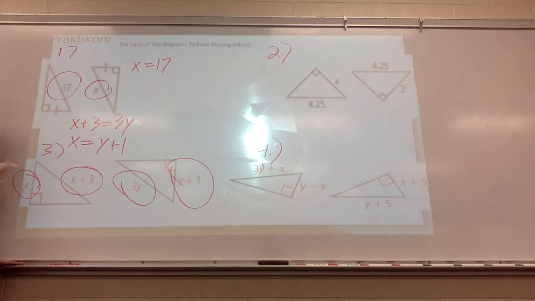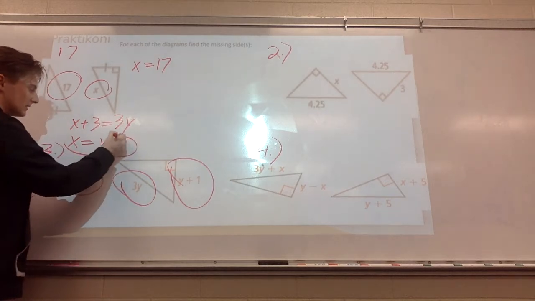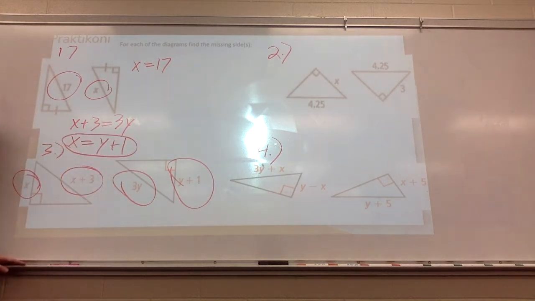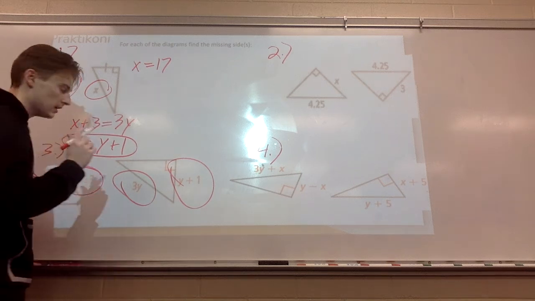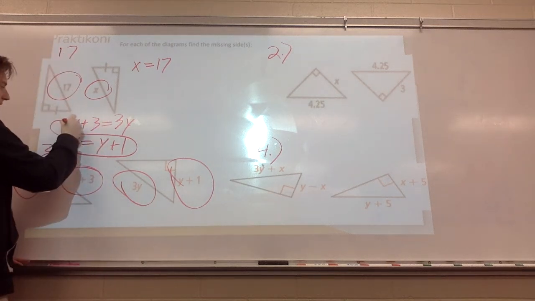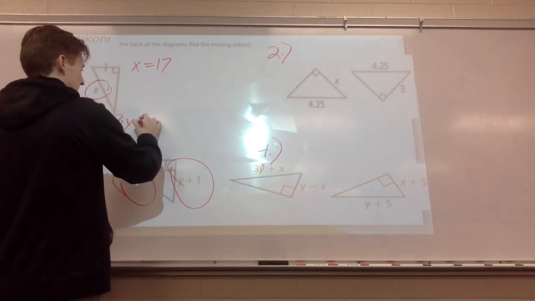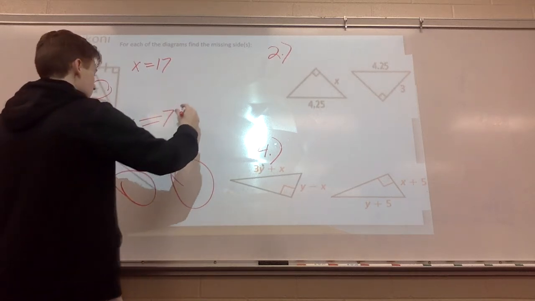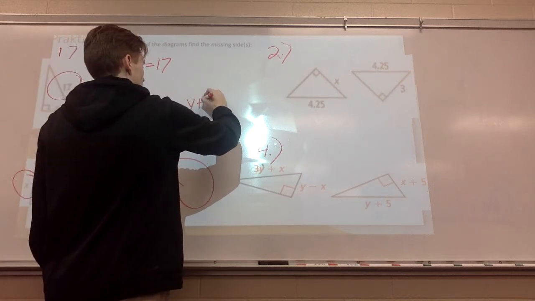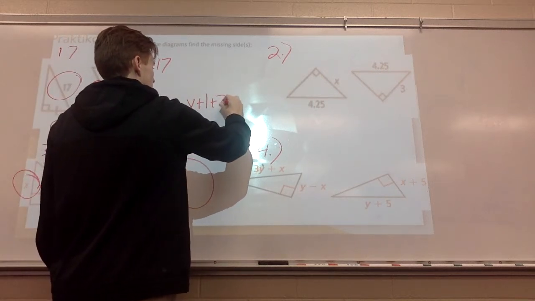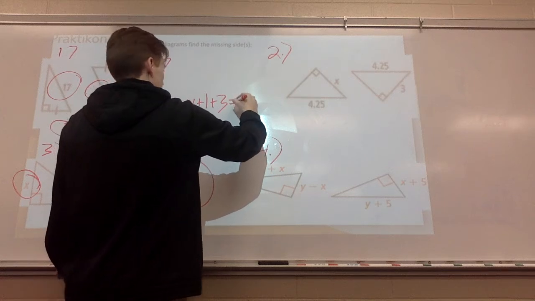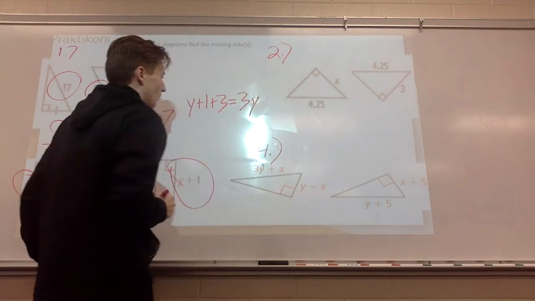Then, here, you should notice when I have x is equal to something, I can now use substitution. So if I substitute out this x for y plus 1, this gives me y plus 1 plus 3 is equal to 3y.